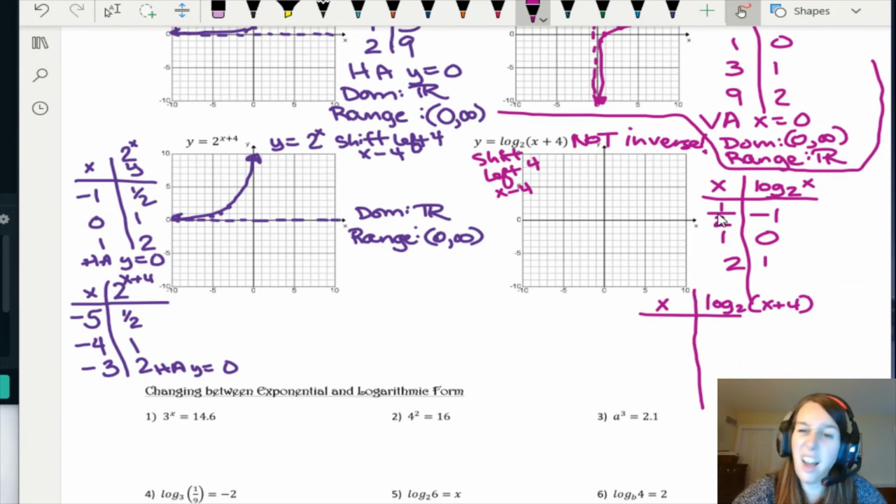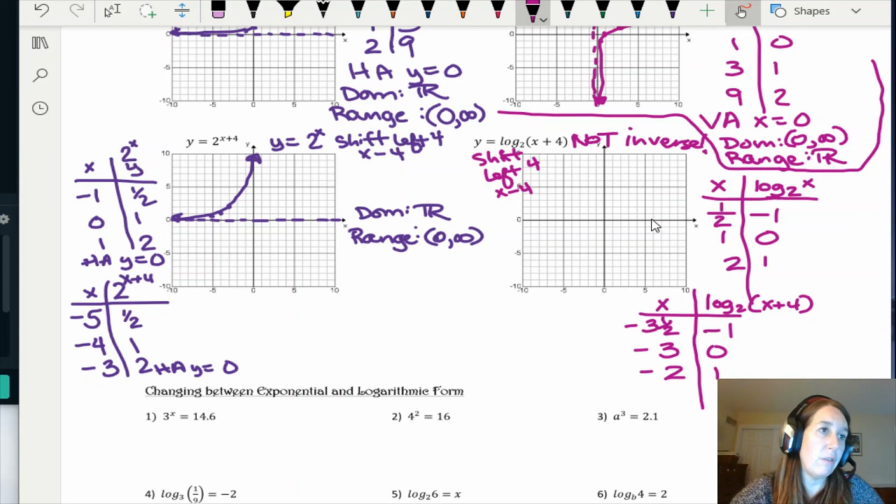So that's kind of inconvenient for this first x value, but we'll do it anyway, I guess. 1/2 minus 4 sounds like negative 3.5. Just need a good point for the graph, right? And then the y value did not change. And then we would have 1 minus 4, which is negative 3, 0. And then 2 minus 4 is negative 2, 1.